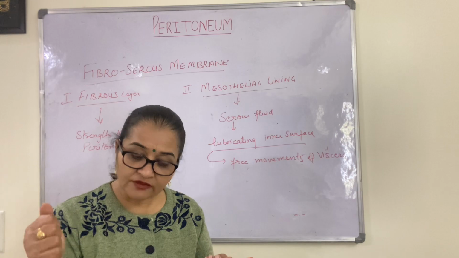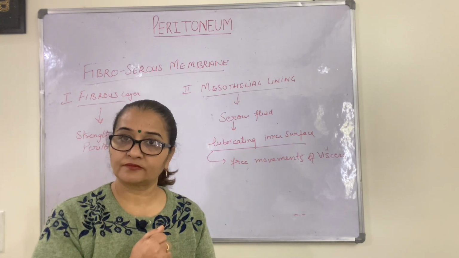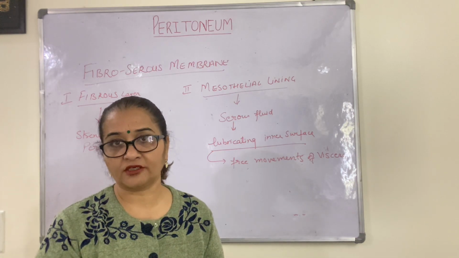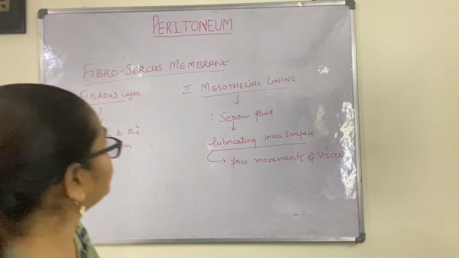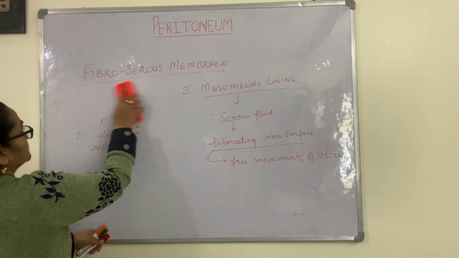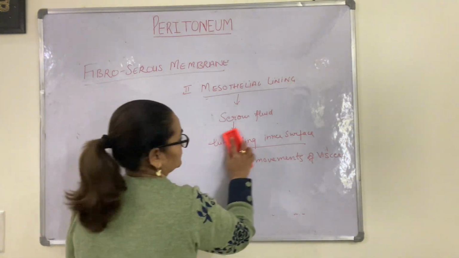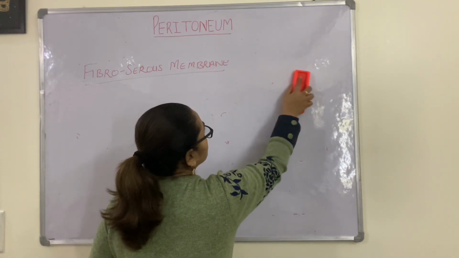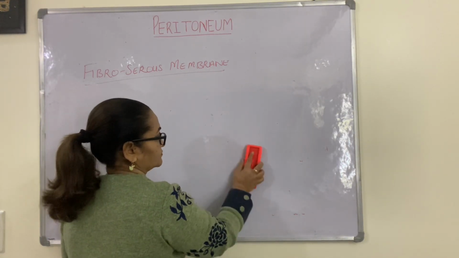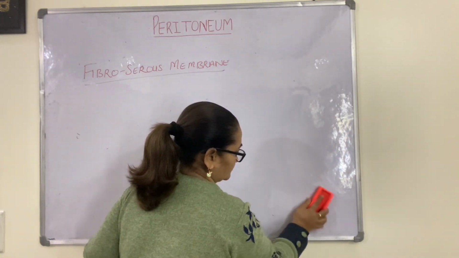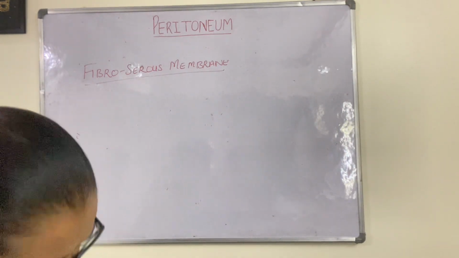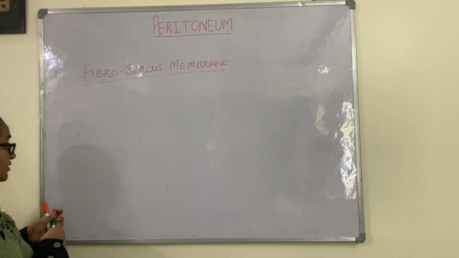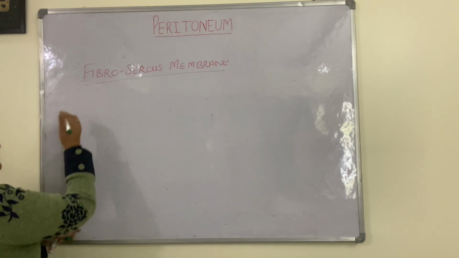Once these various viscera invaginate the peritoneal sac, the different parts of the peritoneum are formed. So what are those?